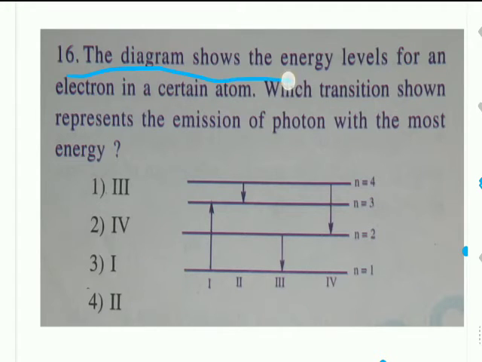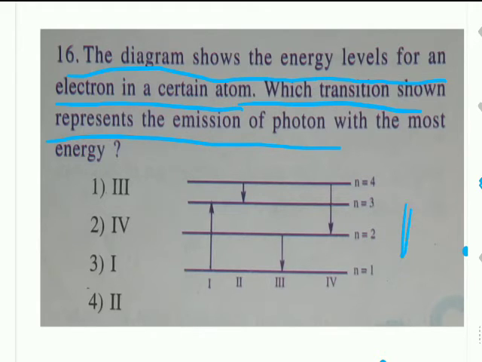The diagram shows the energy levels for an electron in a certain atom. Which transition represents the emission of a photon with the most energy? So he is asking which transition has the most energy.